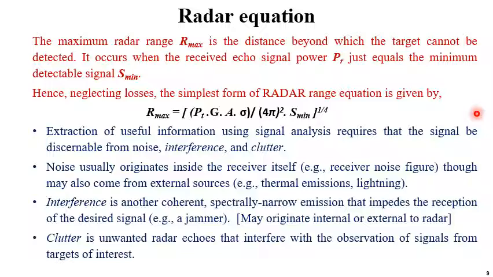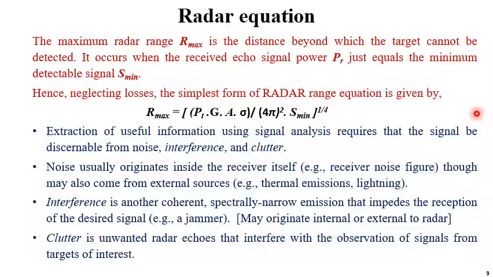Interference is another coherent, spectrally narrow emission that impedes the reception of the desired signal. An example is a kind of jammer, and it may originate internally or externally.